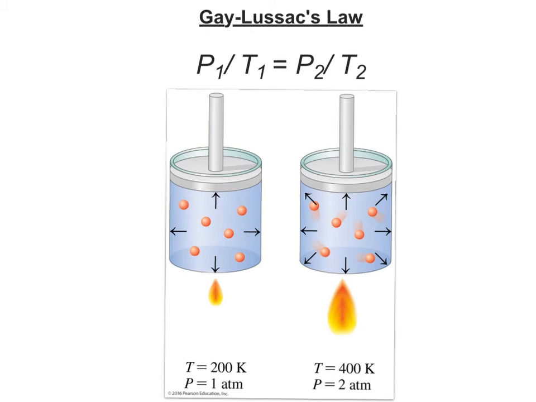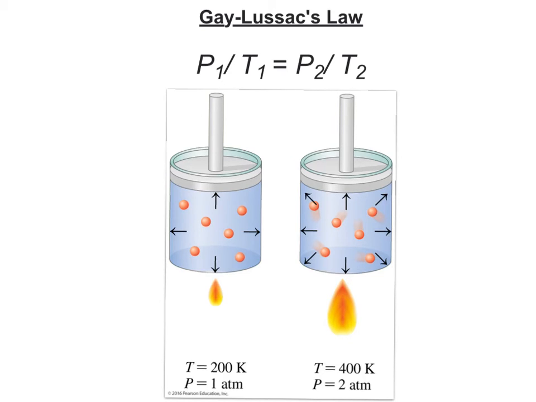As the temperature of a gas rises, the gas particles would move faster and hit the sides of the container more often and with greater force. If a constant volume and amount of gas is maintained, the pressure will increase.